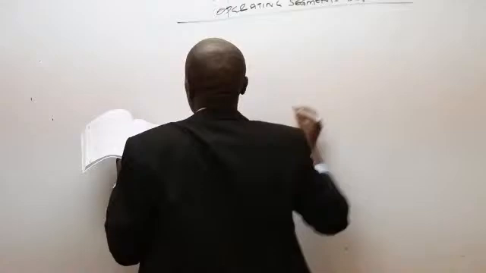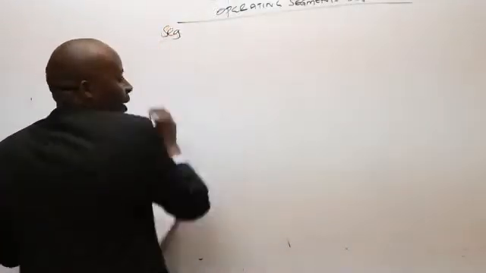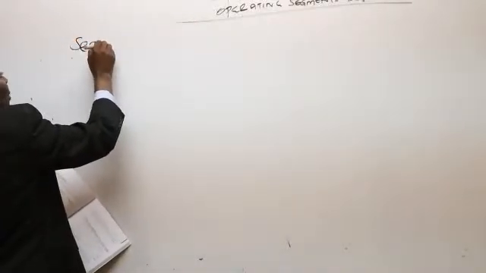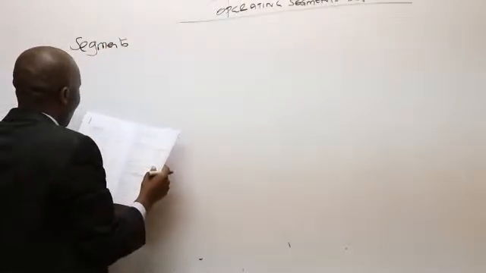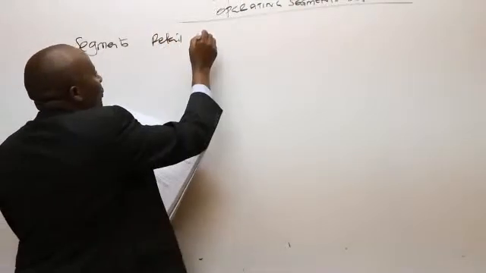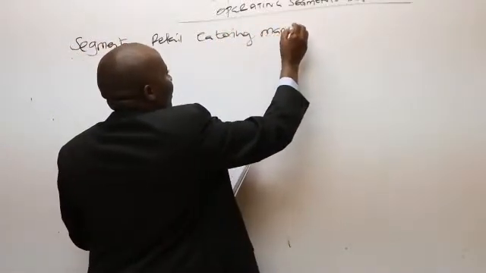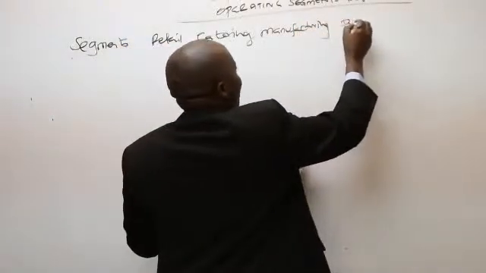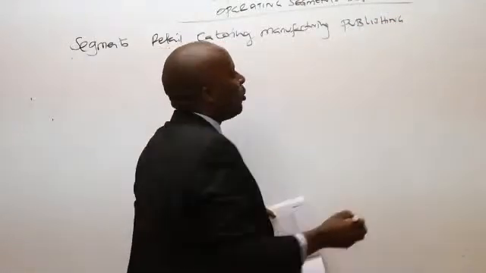So we have our operating segments, and we just come and mention them. They're given in note number 2. We have retail, catering, manufacturing, publishing, and after publishing the aggregated ones, which we call others.